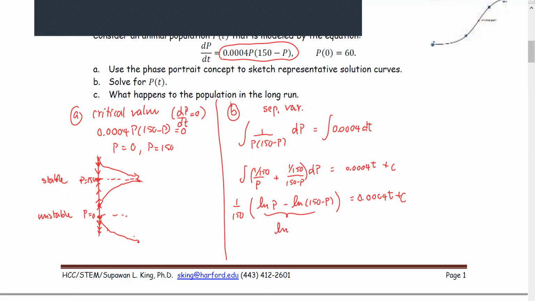We get natural log of P divided by (150 minus P) equals 150 multiplied by 0.0004, to get 0.06 t, plus C1, where C1 is 150 times C.